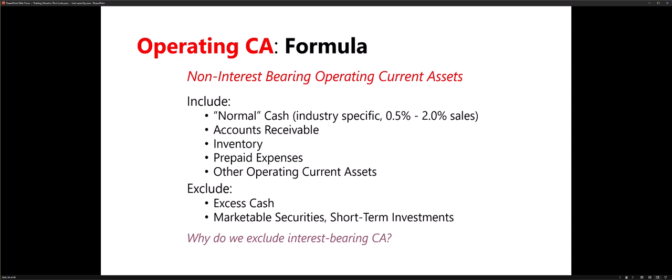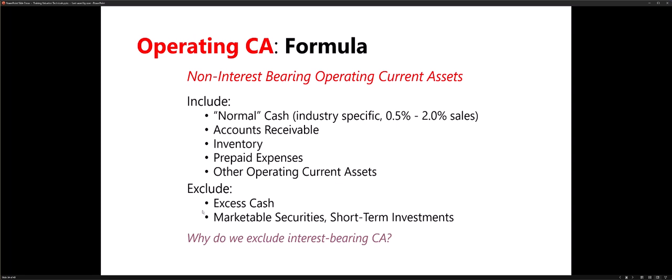So it includes normal cash, and I'm gonna explain it a little bit more later. Accounts receivable, inventory, prepaid expenses. Notice that these are something that is needed to run the business, right? Your inventory, other operating current assets.